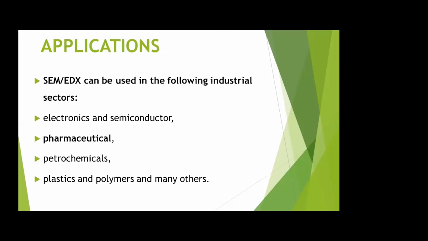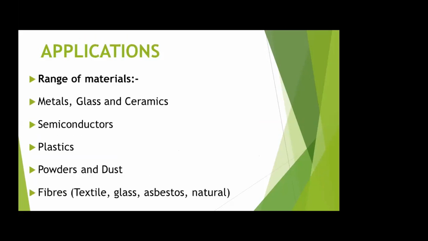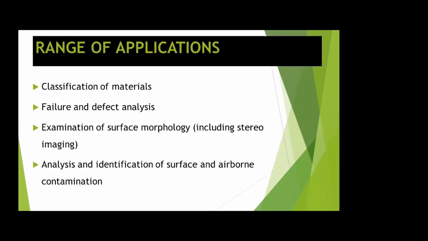That is why it is applied in the electronics, semiconductor, of course pharmaceutical industry, petrochemicals, plastics and polymers and many others. A range of materials like metals, glass and ceramics, semiconductors, plastics, powders and dusts, and fibers like textile, glass, asbestos, natural fibers can also be analyzed here.